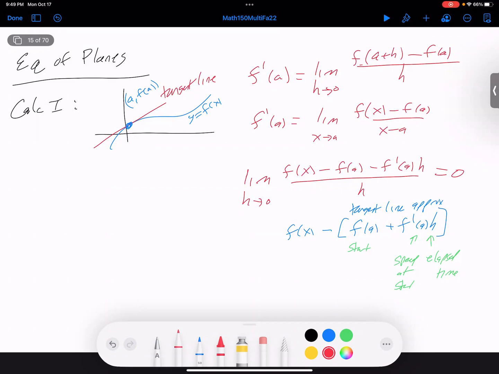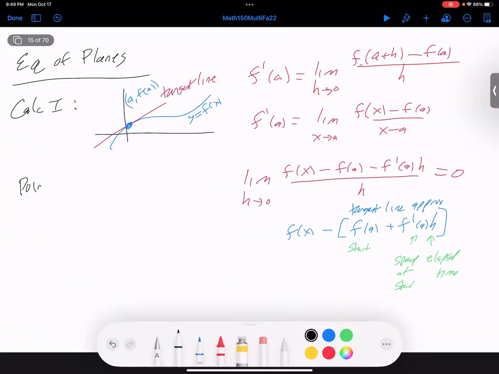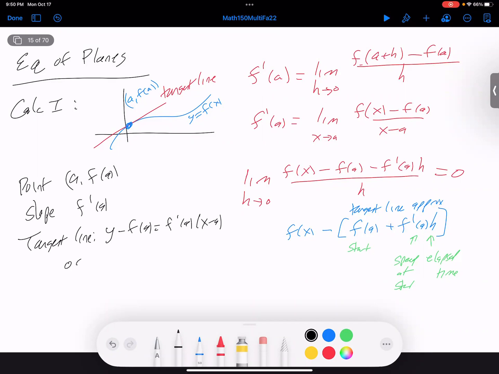So the point is a, f of a, and the slope is f prime of a. So the tangent line is y minus f of a is f prime of a times x minus a, or y equals f of a plus f prime of a times x minus a.